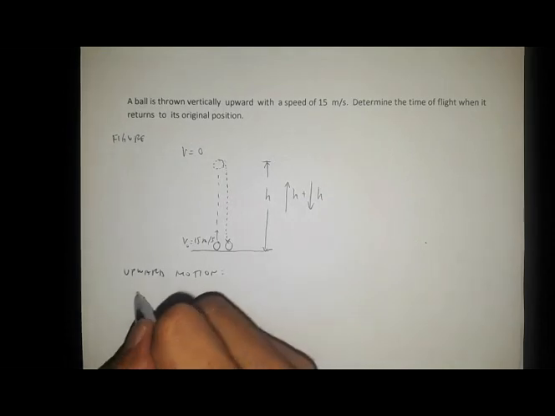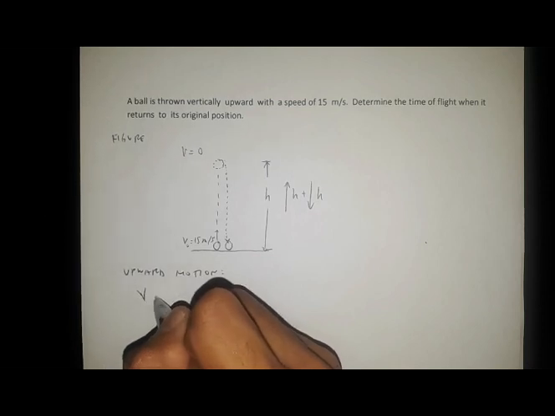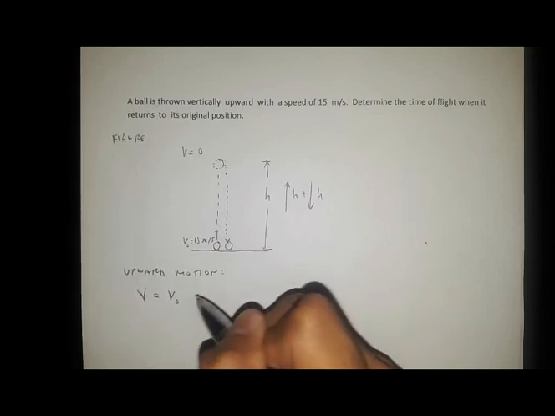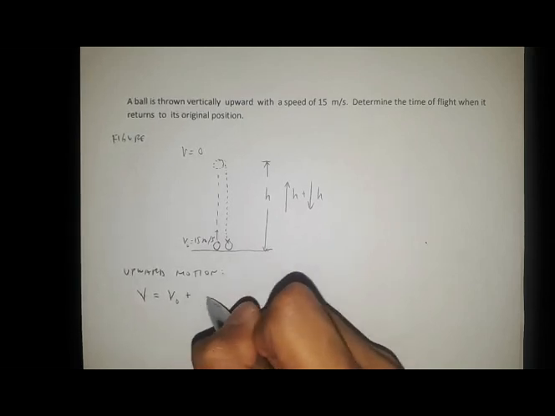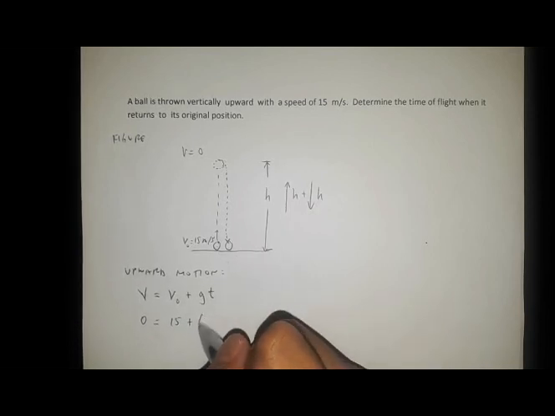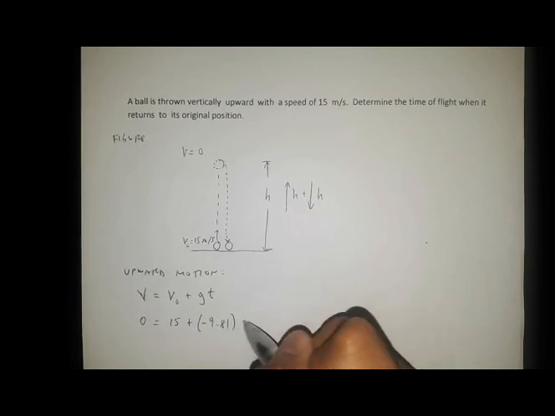So we can use the formula for the velocity as a function of time: V equals V0 plus gt. Here, your final velocity is 0, initial velocity is 15 meters per second, plus g of negative 9.81 times t.